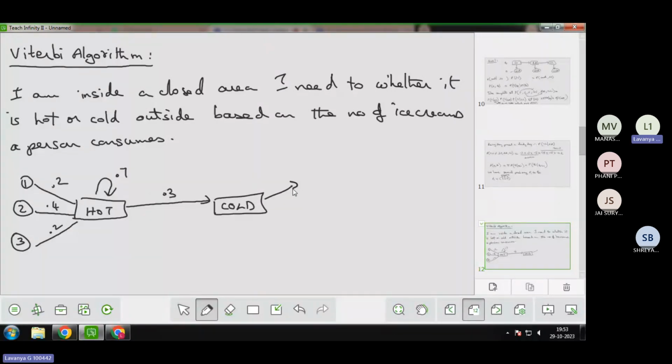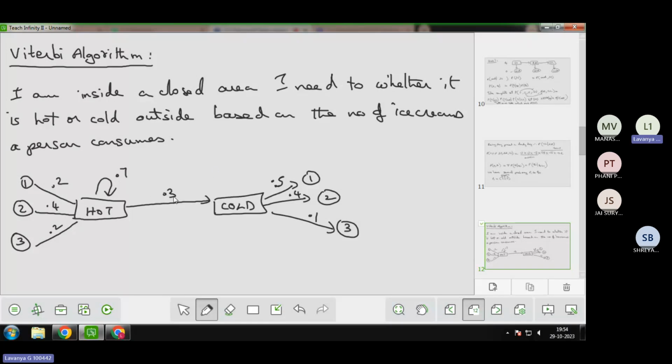Again, from here, he's eating one ice cream; let me take it as 0.5. He's eating two ice creams; let me take it as 0.4. And he's eating three ice creams; let me take it as 0.1. Something is wrong. What is wrong?